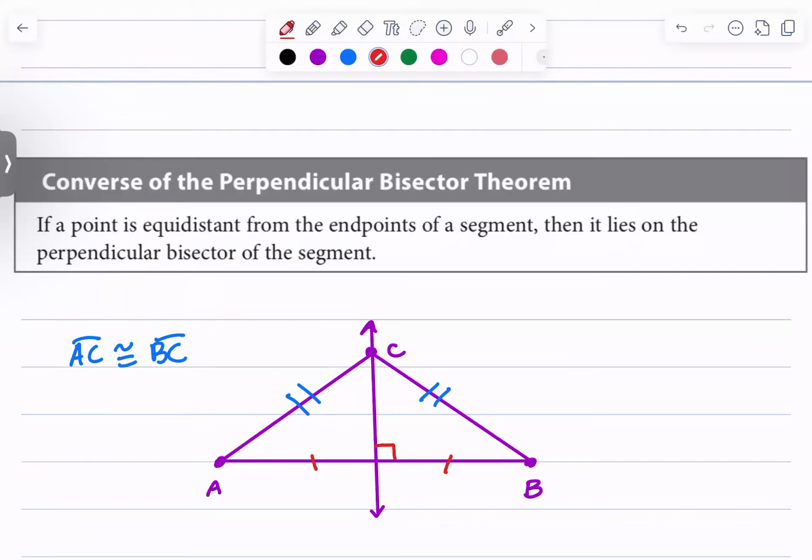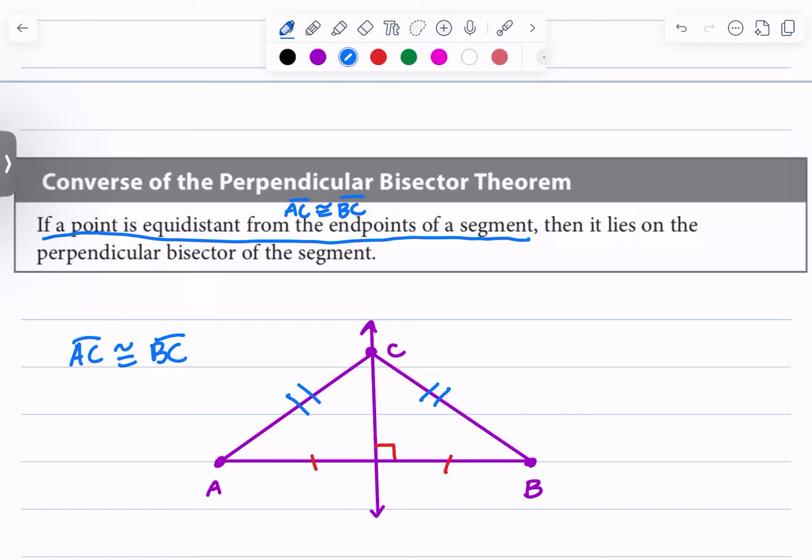Okay, so if a point is equidistant from the endpoints of the segment, that is blue, right? In this example here, that is telling me that if I know AC is congruent to BC, then it lies on the perpendicular bisector of the segment.